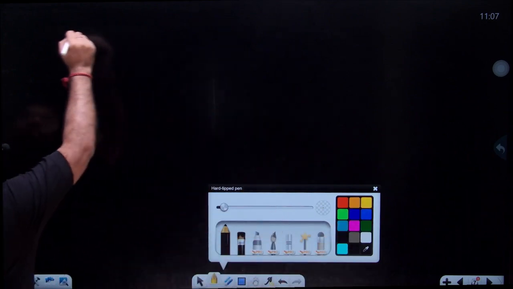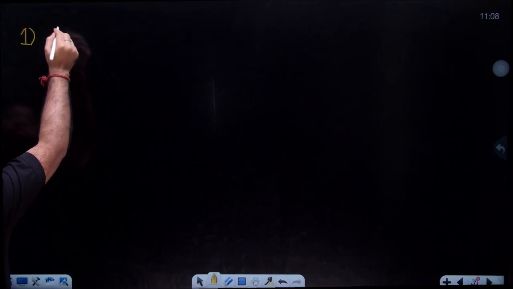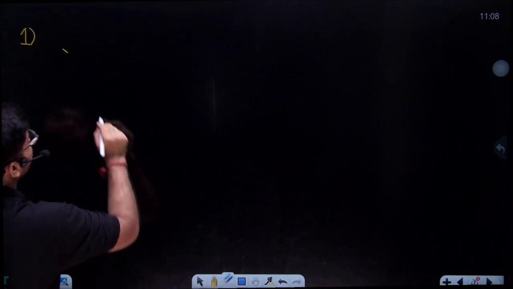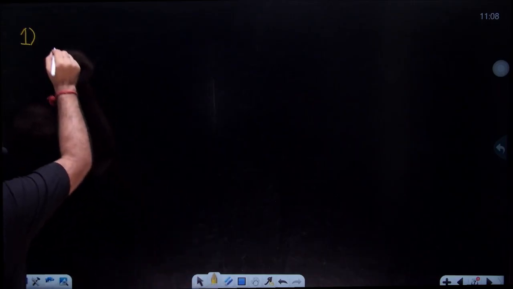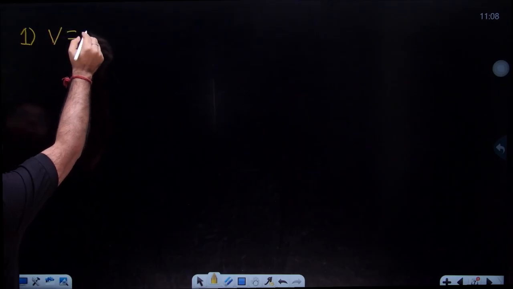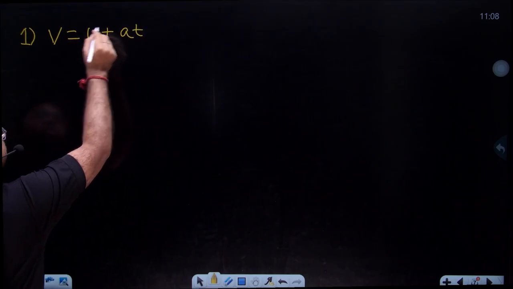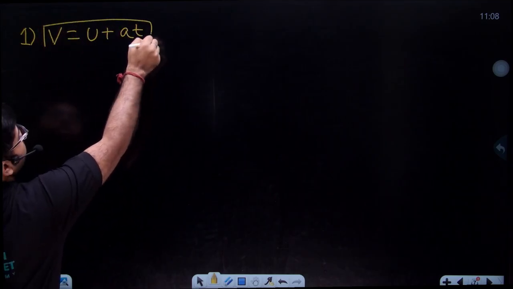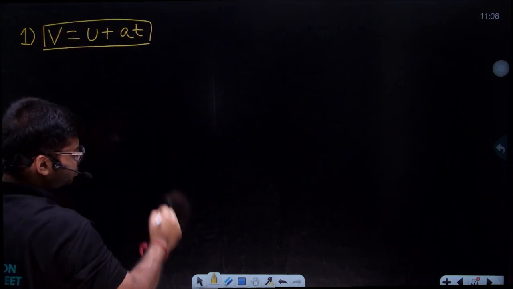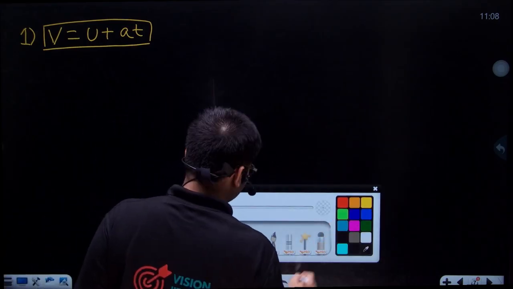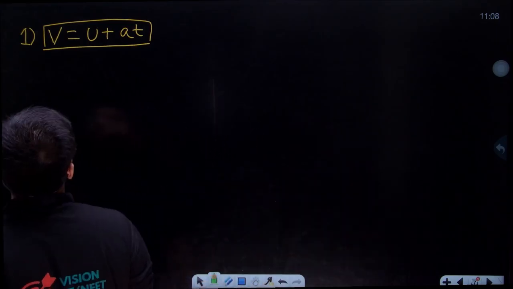So what we have in the first equation is v is equal to u plus at. Okay. This was my first equation. Now I am going to derive it.